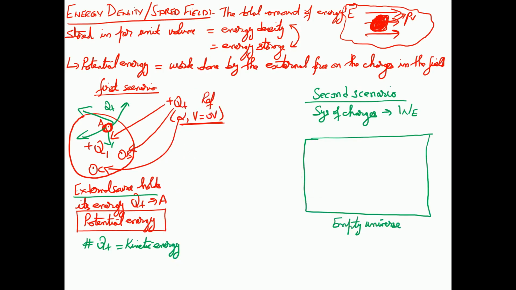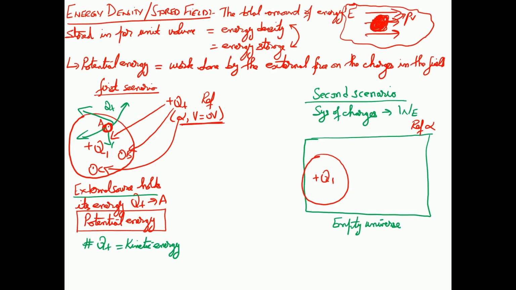It is over here, plus Q1. Since this charge is becoming present from infinity, let's say this is my reference point at infinity, Q1 is going to experience no work done because there exists no field in the beginning. So the charge 1 is going to create its own field or region of field.